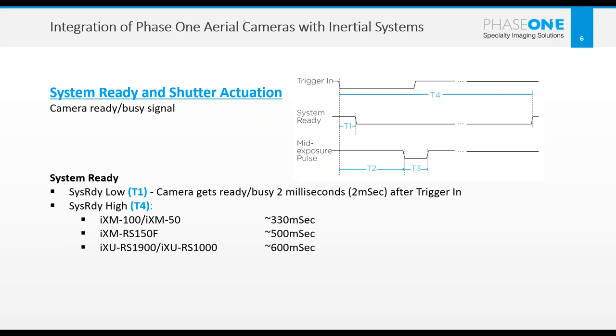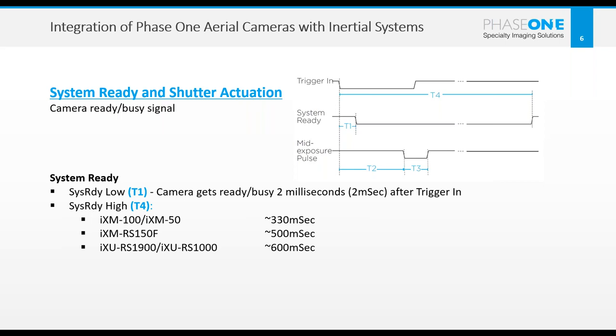So we have that the complete cycle of the shutter of the camera will last for different series: 600 milliseconds for the IXU-RS 1000 or IXU-RS 1900, which is what you can see in the documentation at 0.6 seconds as a cycle rate.